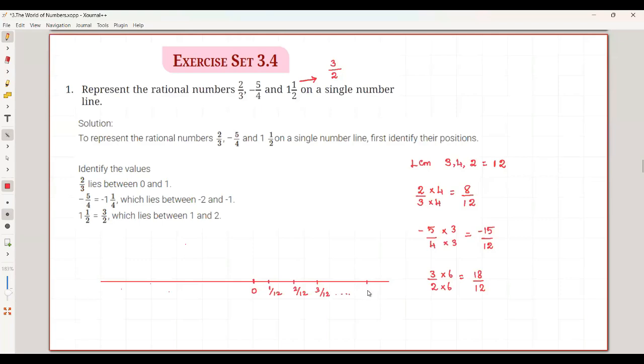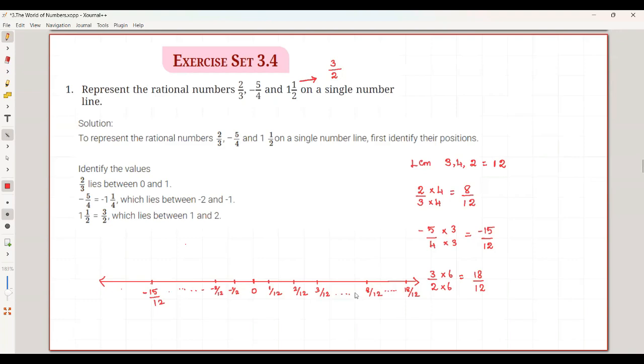We mark this as 8 by 12. After some time you have to mark 18 by 12 also, so use a dot and mark it as 18 by 12. On the left side, you have to get minus 15 by 12. So we can take minus 1 by 12, minus 2 by 12, and so on up to minus 15 by 12. This is one of the methods.